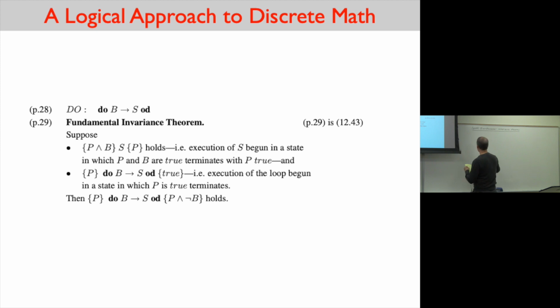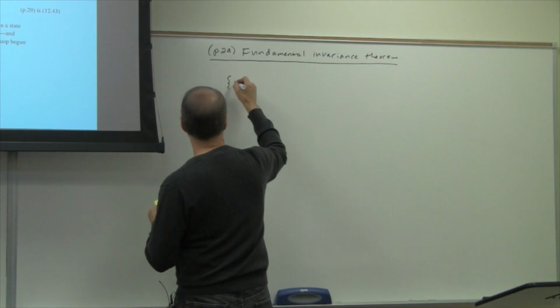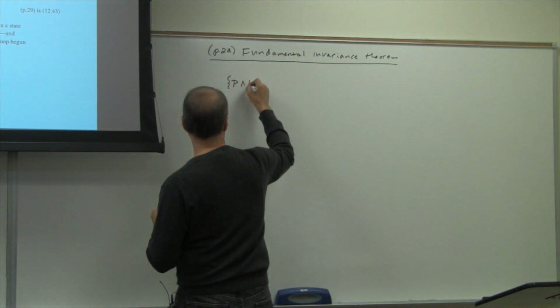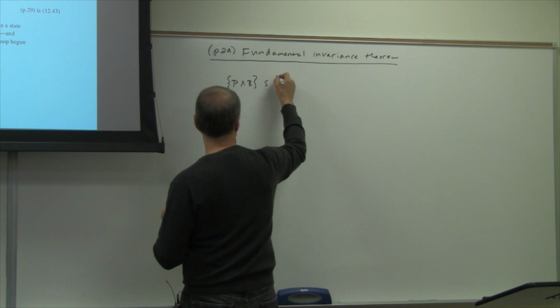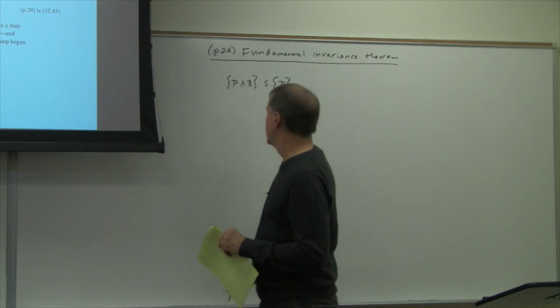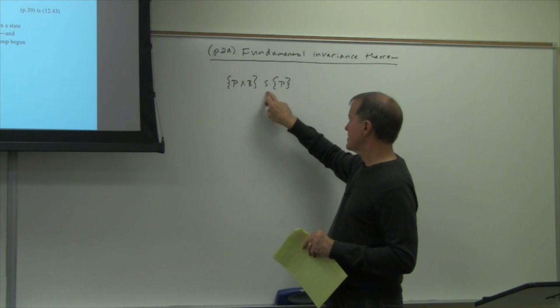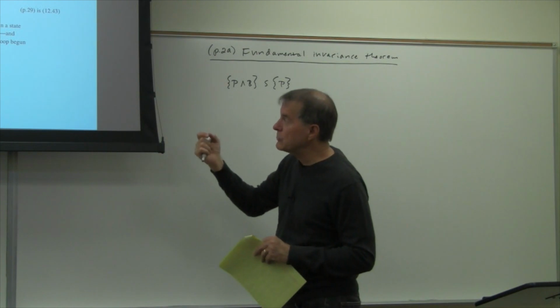Okay? So what it's telling us is this. We have the Hoare triple {P and B} S {P}. Now, see, this S is the statement within the do loop, within the do statement.